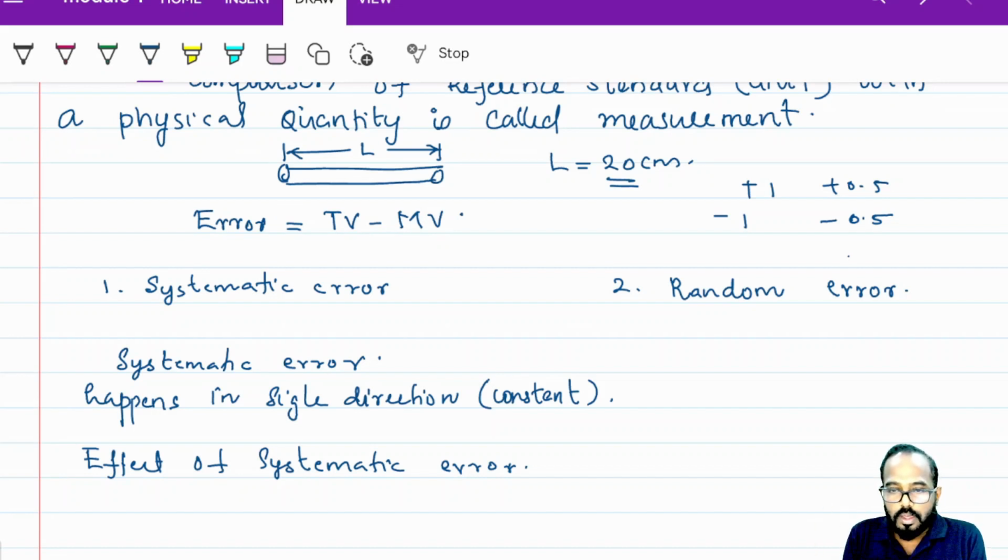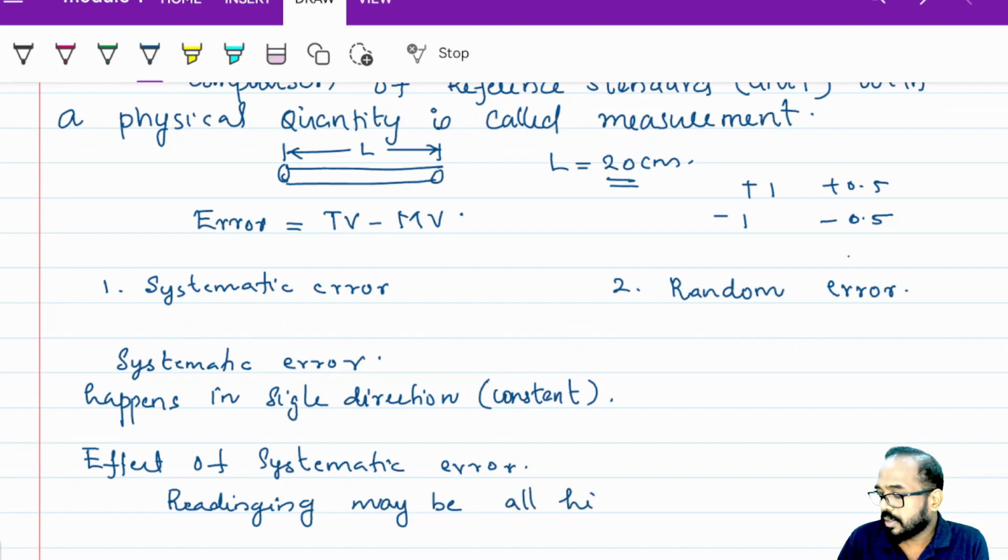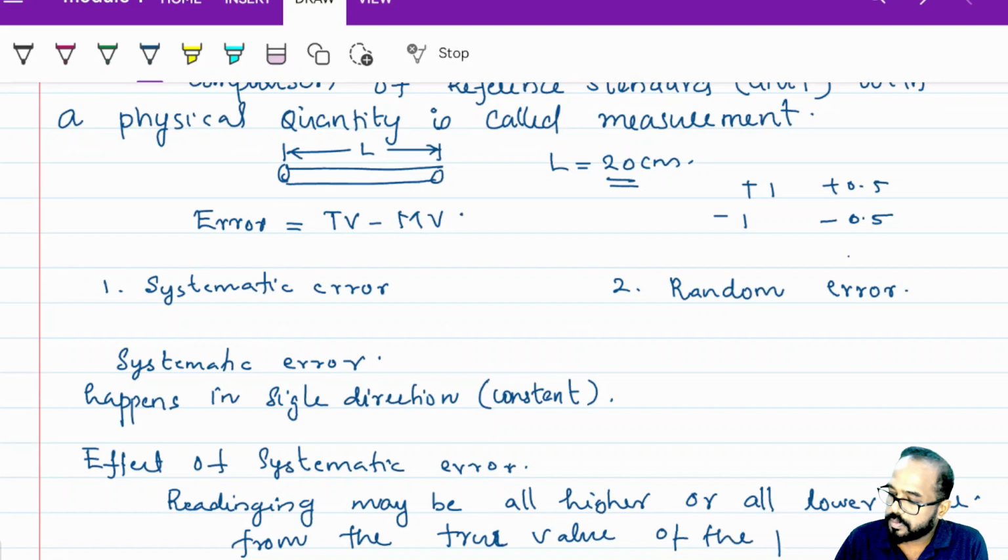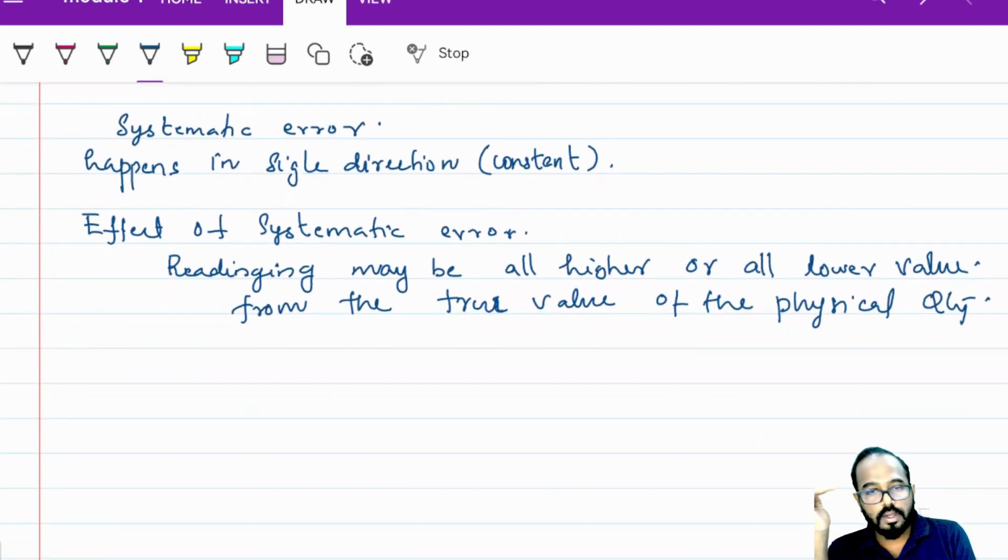So the effect is that the readings may be all higher or all lower than the true value of the physical quantity.